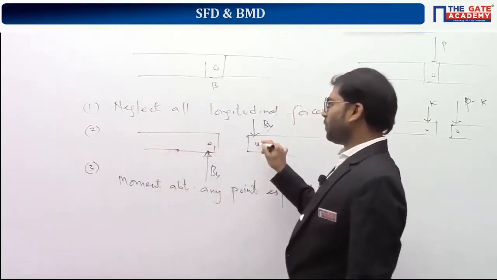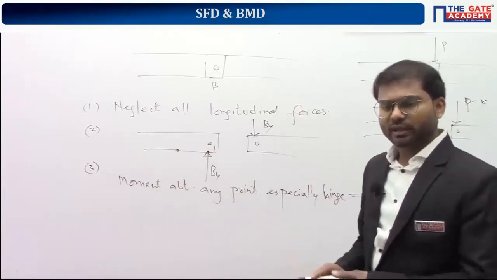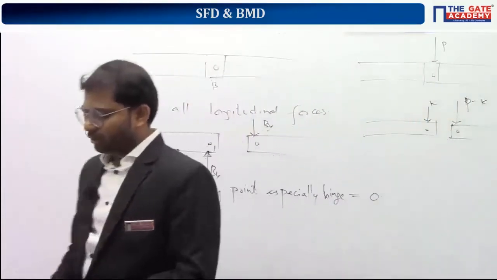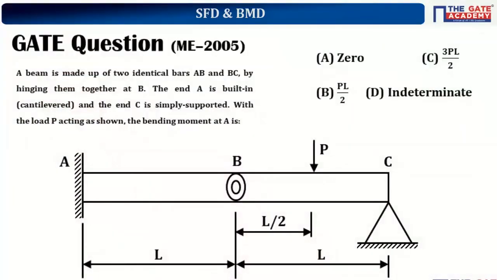You can take the moment about this point on the left beam equal to 0, and you can take the moment about this point on the right side beam equal to 0. If you apply these conditions, you can easily solve questions based on beams with internal hinges. So you can directly go into questions. Take the question from the Mechanical Engineering 2005 GATE paper and solve it and get the answer.